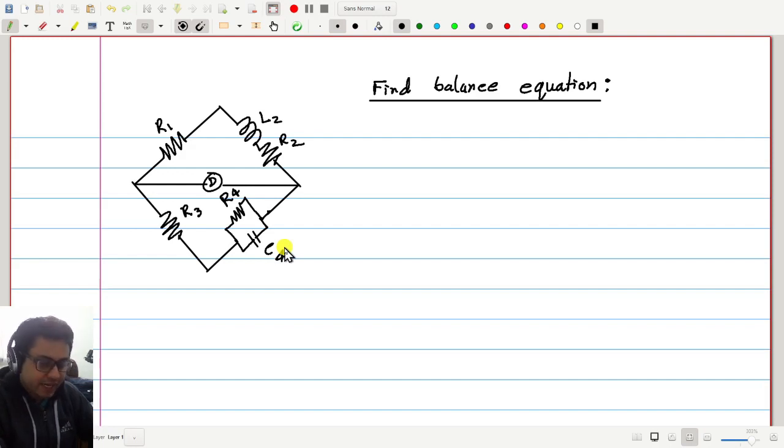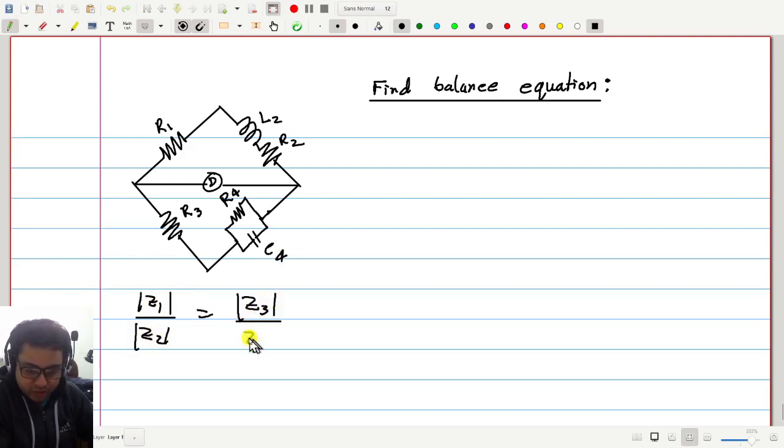You just look at this bridge and remember the balance equations. Mod Z1 by Z2 is equal to mod Z3 by Z4, and theta 1 minus theta 2 equal to theta 3 minus theta 4. These are the two conditions required.